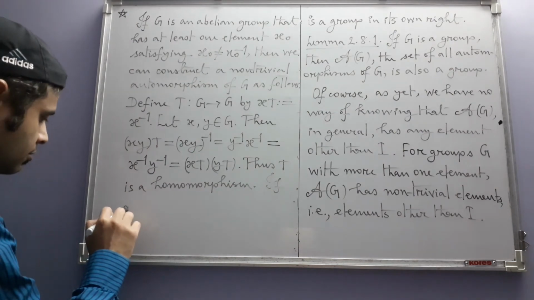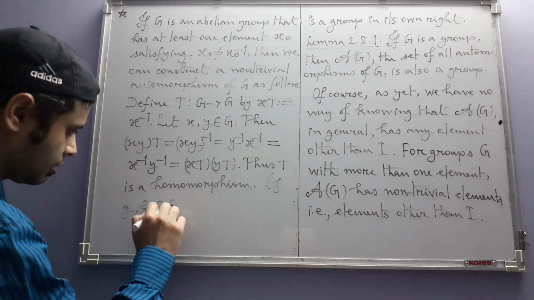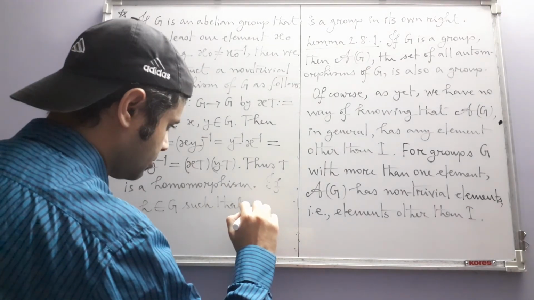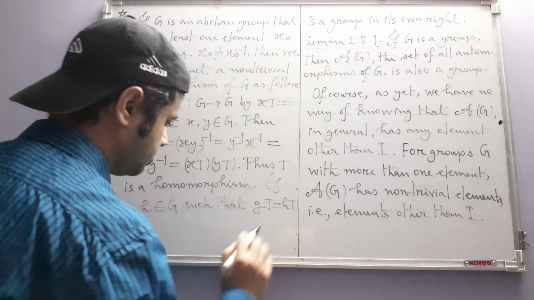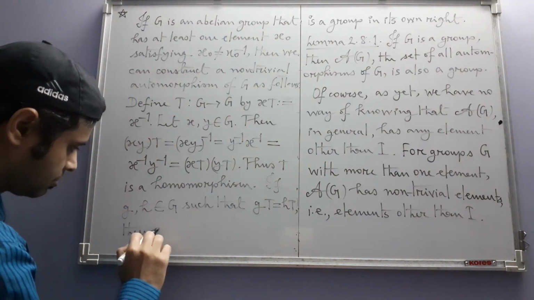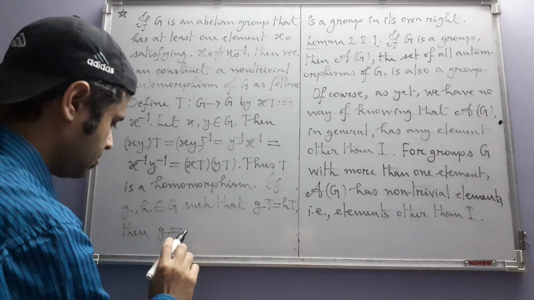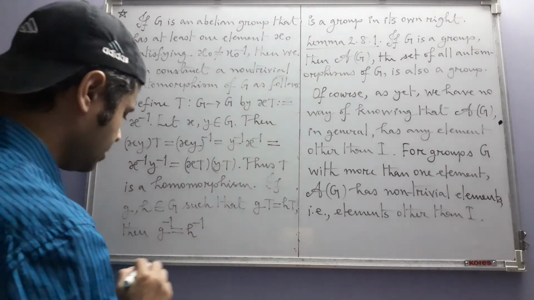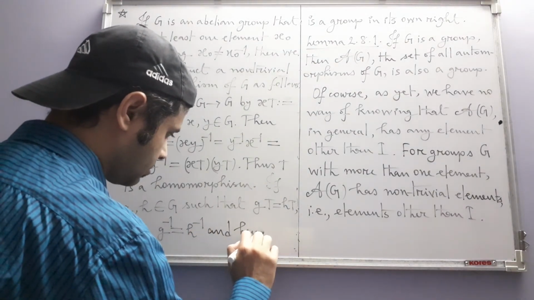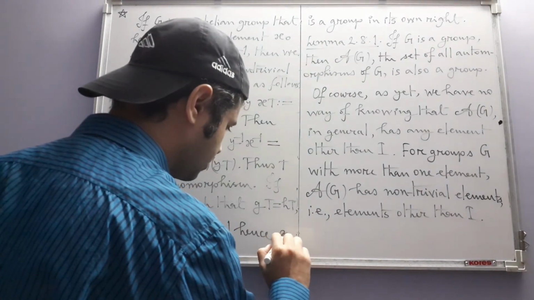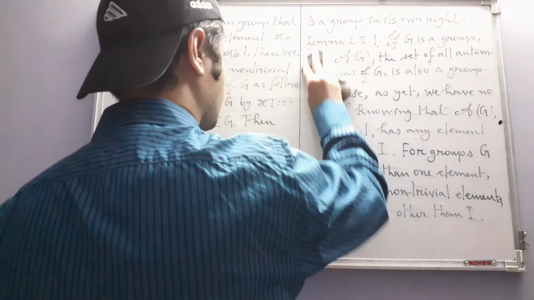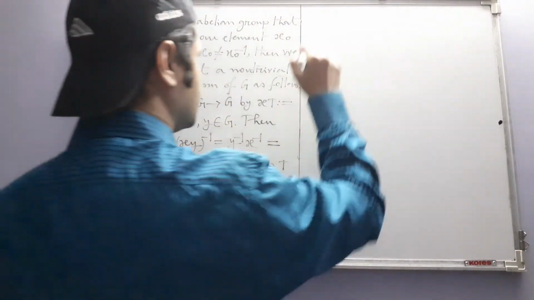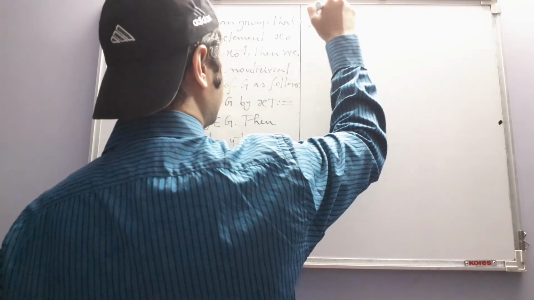If g and h are in G such that their T images are equal, then the T images are nothing but inverses, they are equal, and hence the elements themselves are equal, because g is equal to the inverse of the inverse of g.